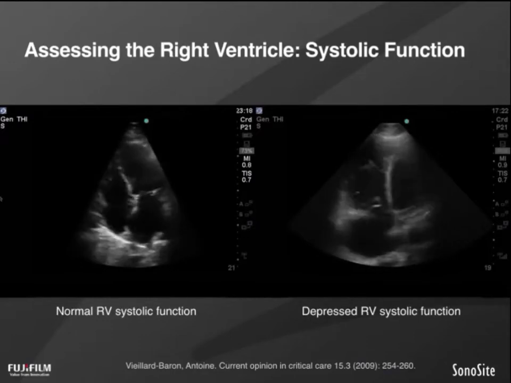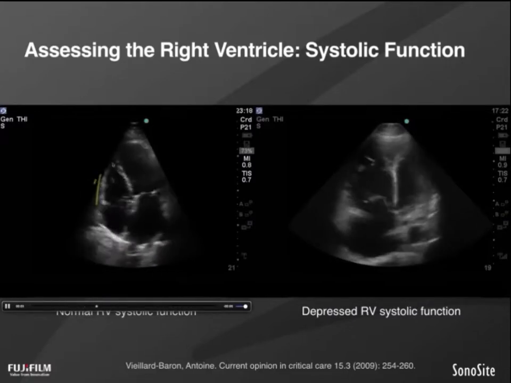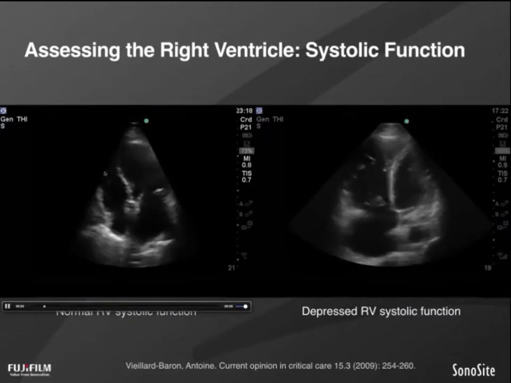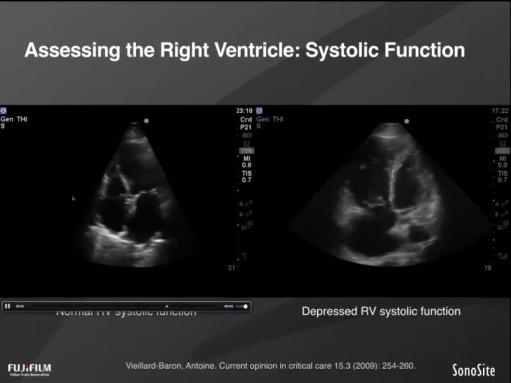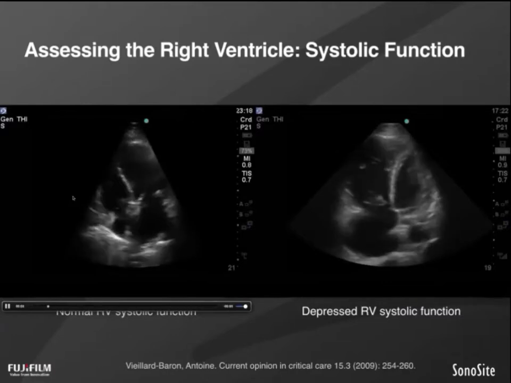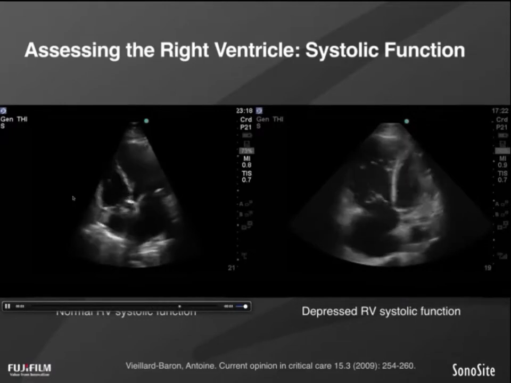I would draw your attention to this tricuspid valve annulus and how it moves towards its own apex during systole. This vertical movement is classic for how the right ventricle is systolically active, and is really what you should pay attention to with your eyeballs yet again when considering whether the right ventricle has impaired systolic function.